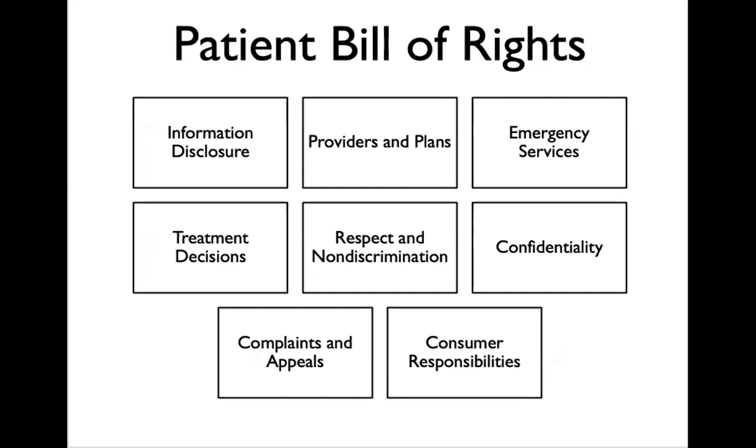So number one, we have the right to be given information that we can understand. So if we have a population of patients that are speaking Spanish, we need to make sure that we have information that is in Spanish to help that person be able to understand what care was being provided and why and all of that.